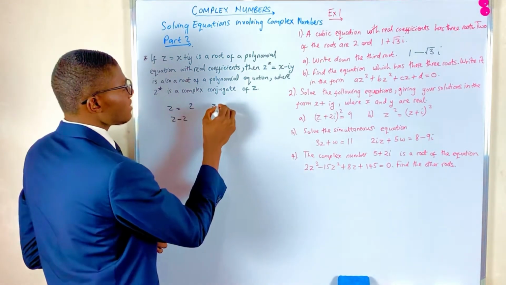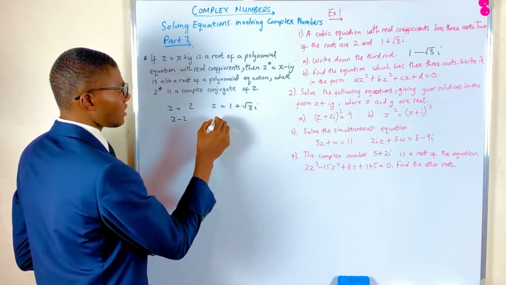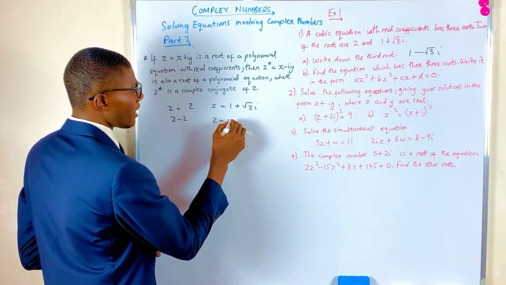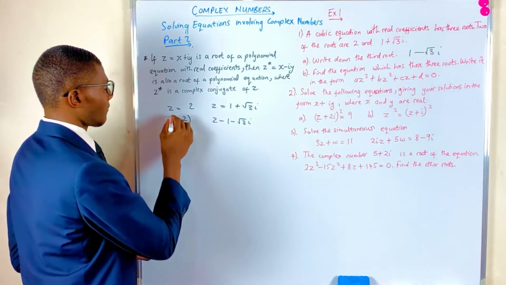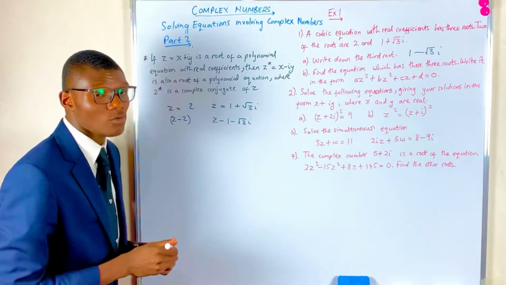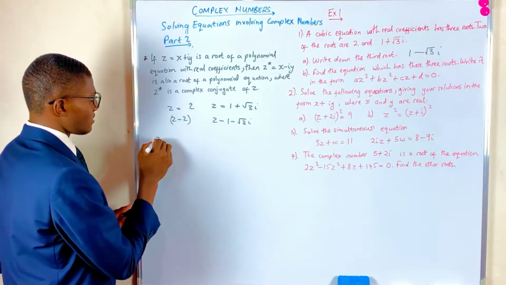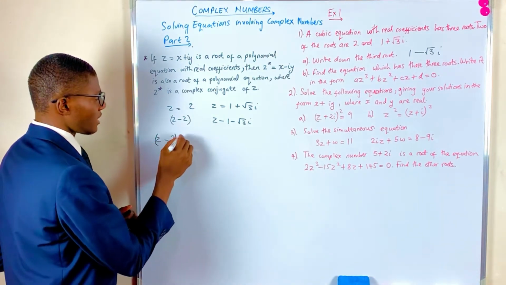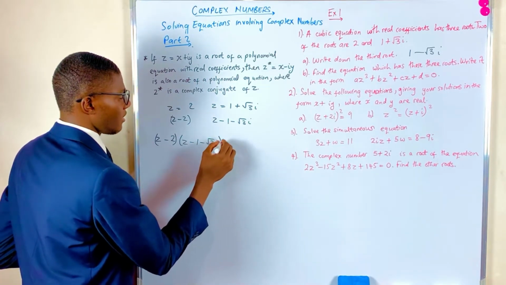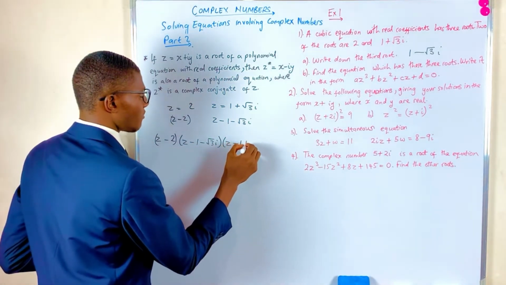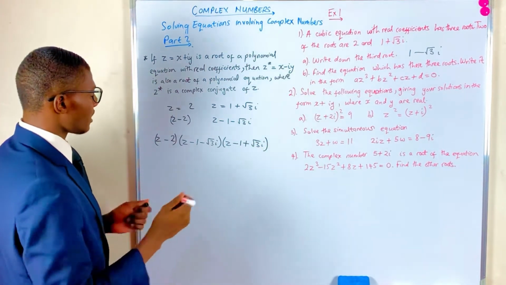If z is equal to 1 plus root 3i is a root, then z minus 1 minus root 3i is a factor. We do the same for 1 minus root 3i. So we're saying z minus 2 times z minus 1 minus root 3i, then times z minus 1 plus root 3i.